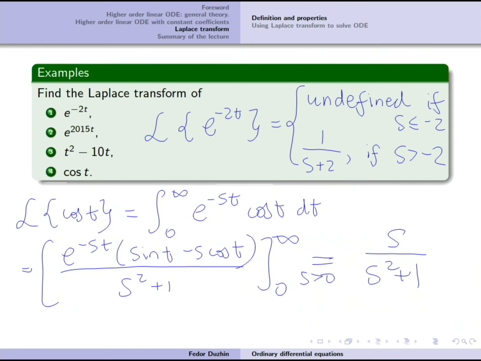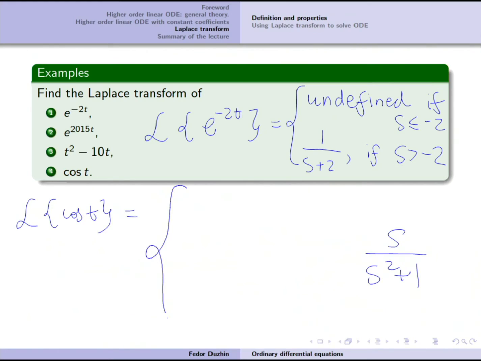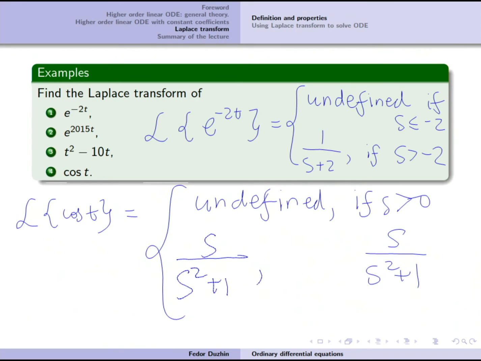But again, this only works if s is positive, which means that the full answer is actually the piecewise defined function: undefined if s is non-positive, less than or equal to 0, and s over s squared plus 1 if s is positive.